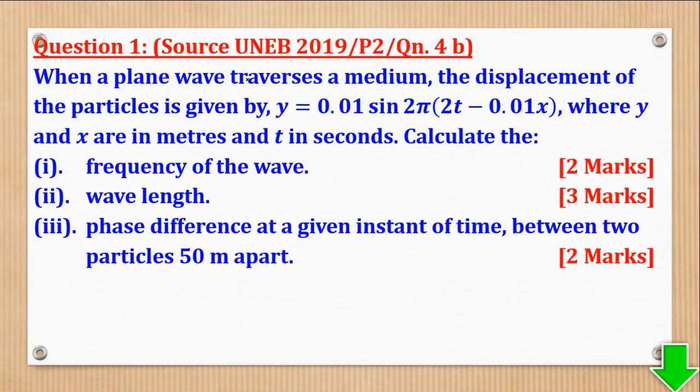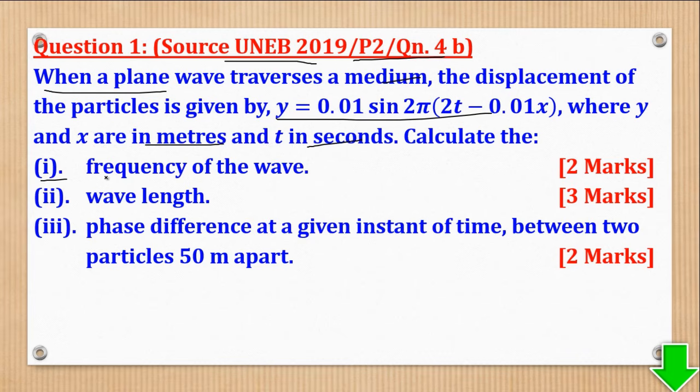Question 1 came from UNEB, 2019, paper 2, question 4B, and it says, when a plane wave traverses a medium, the displacement of the particles is given by this, where y and x are in meters and t in seconds.